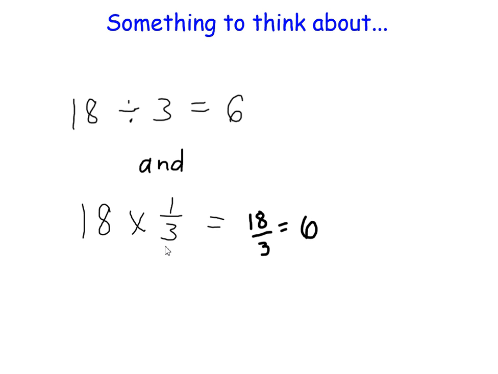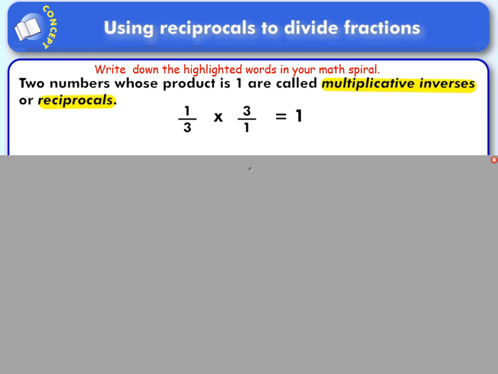Well, if you had to solve this, we change 18 to 18 over 1, and then we'd multiply straight across, and we'd get 18 over 3, which simplifies to 6. So how can 18 divided by 3 and 18 times 1/3 both get the same solution? Well, that's because we're using multiplicative inverses or reciprocals.